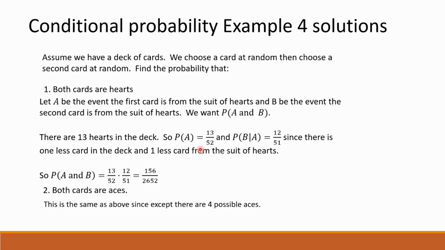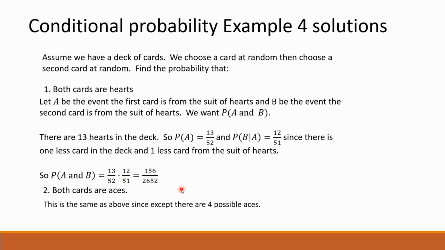We're using that formula, the probability of A times the probability of B given A. That product turns out to be this, as you can see. I hope that makes sense.